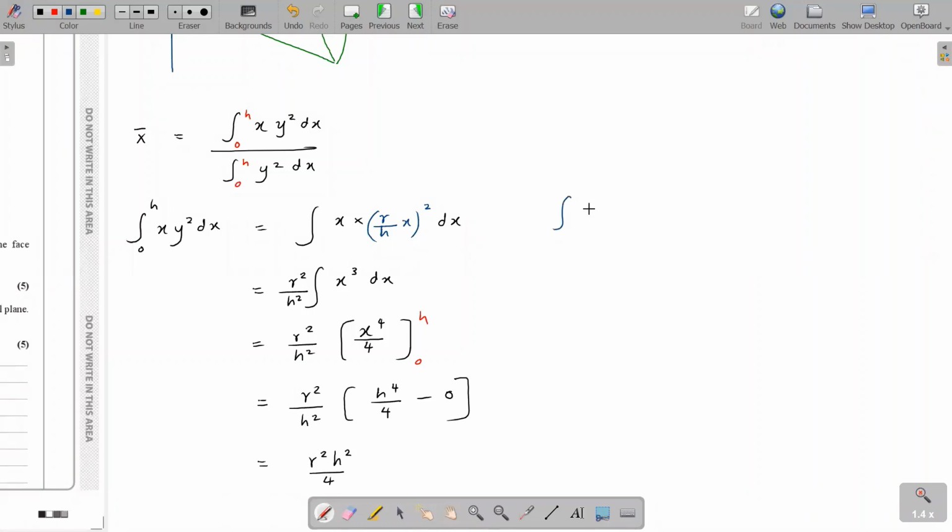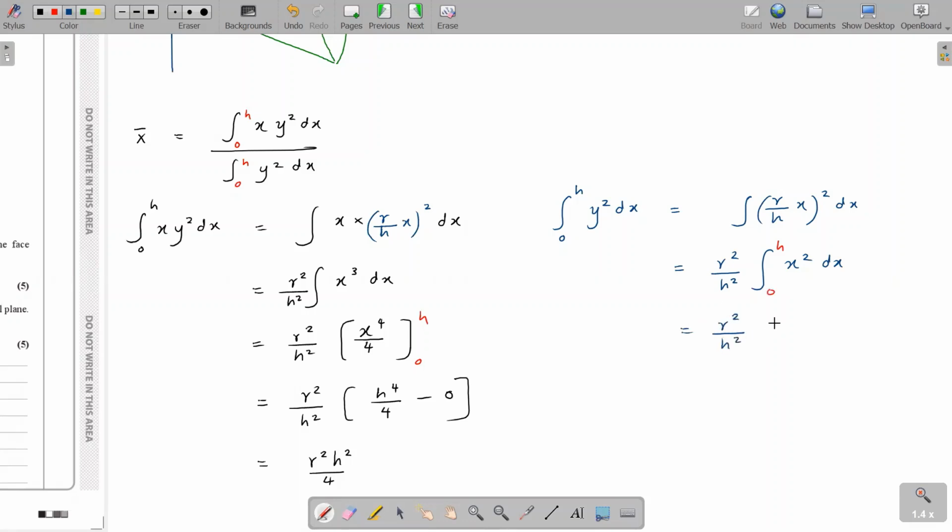And then the other part, integration y square dx from 0 to h. Y is r over h times x, so we square it. So I'll take r square over h square out, integration of x square with respect to x. The limits are from 0 to h.